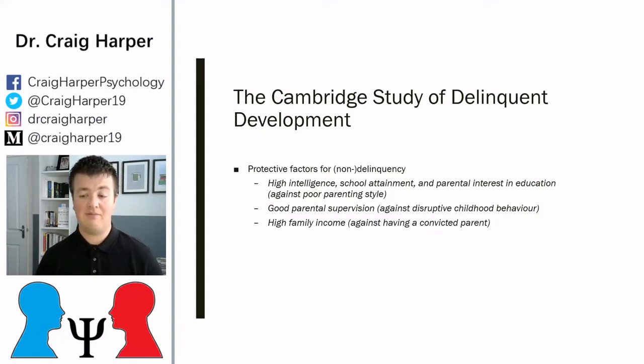Having a high family income protects against that. So again, it might be that having that high family income allows you to engage in extracurricular activities and keeps you off the streets and stops you from becoming involved in delinquent behaviour with maybe aberrant peer groups.